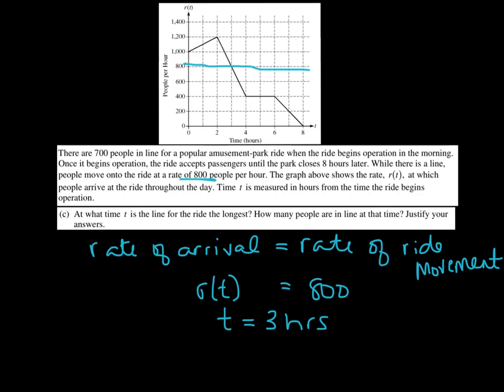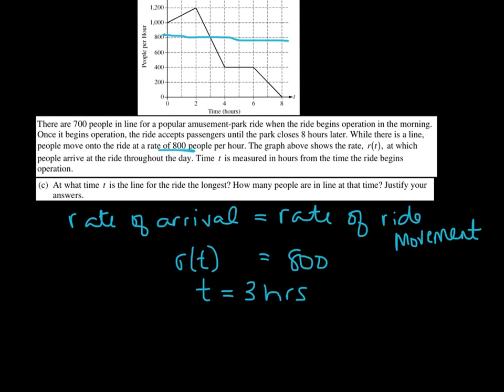And we talked about when the rate of people arriving is bigger than the rate of people moving on the ride, that we will have an increase in the line. And as the number of people arriving is smaller than the rate of people getting on the ride, then for all of these values, you will have a shorter and shorter line.